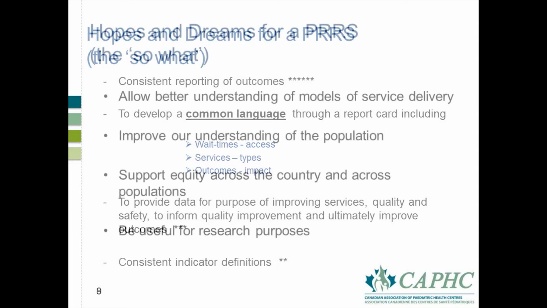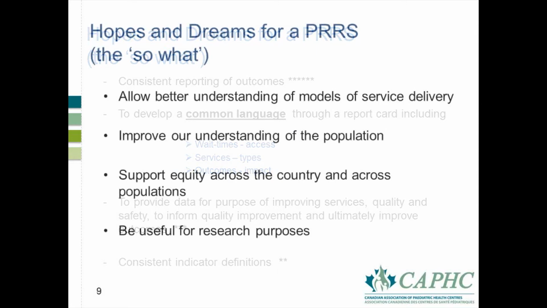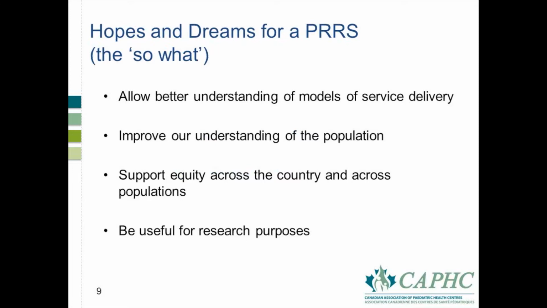So consistent with the drive from the beginning to have a national report card, they wanted to be able to use that national report card to better understand models of service delivery, to be able to do benchmarking, to be able to look at promising practices across the country, to learn from those, and to be able to improve services through that examination.